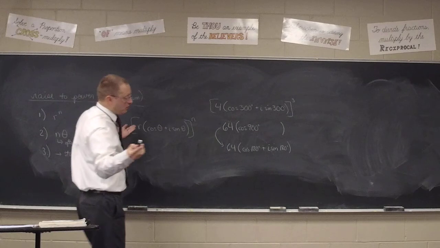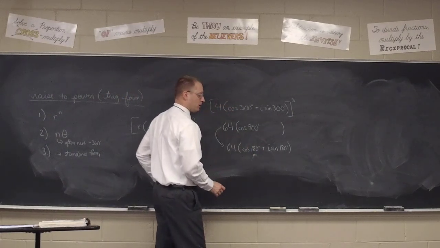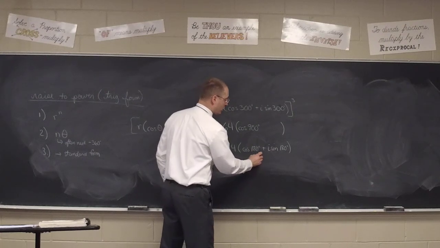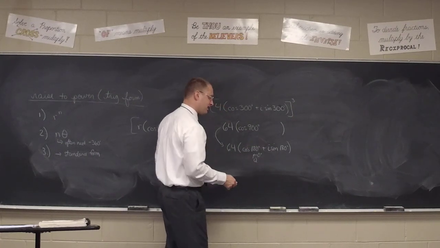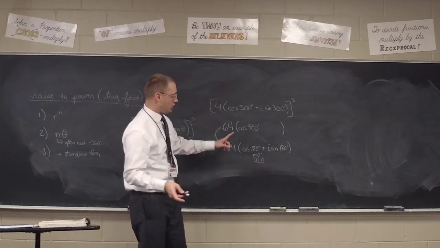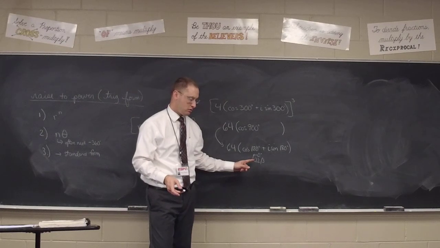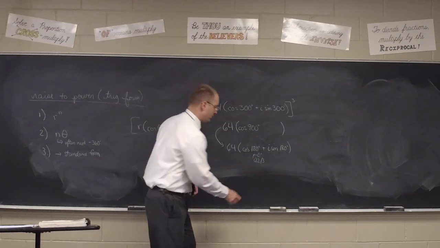And then we do what we always do, convert to standard form. 180 has a reference angle of 0 degrees in either quadrant, 2 or 3, doesn't really matter. What's the cosine of 0? 1.